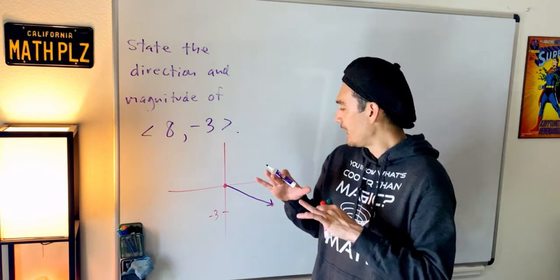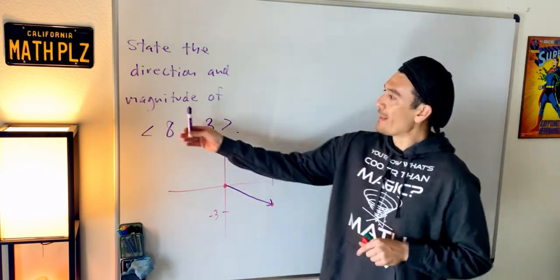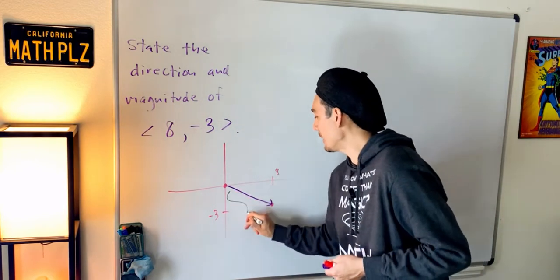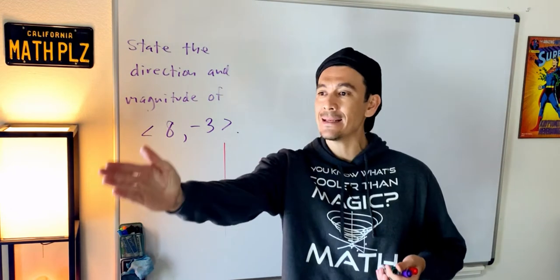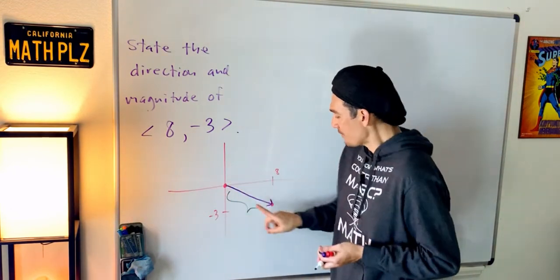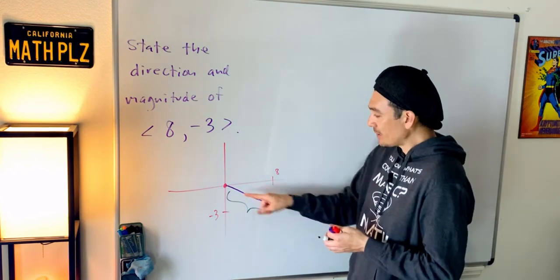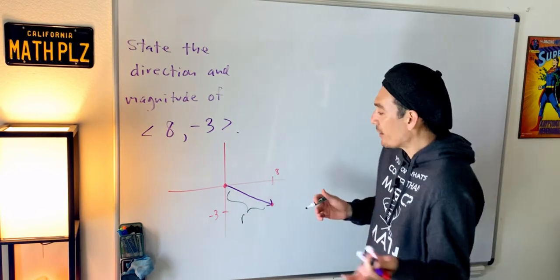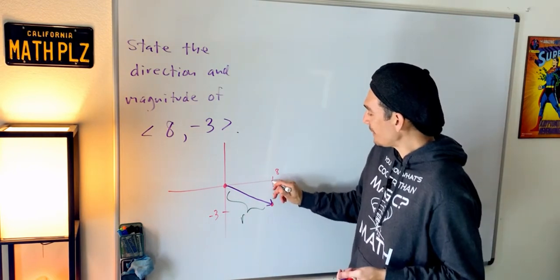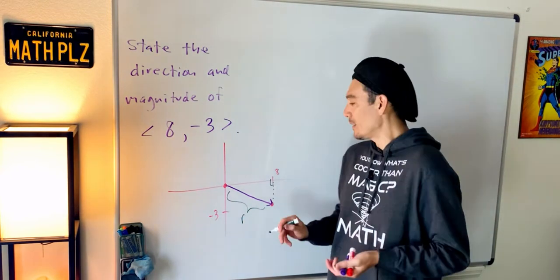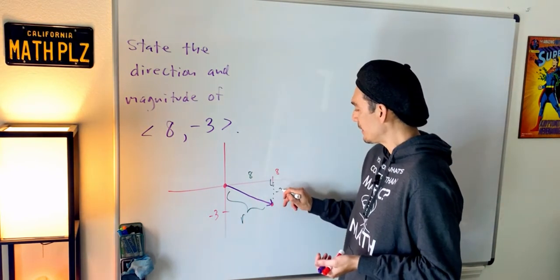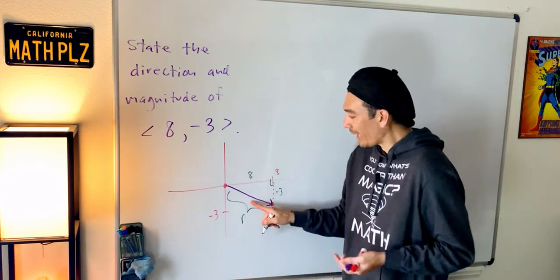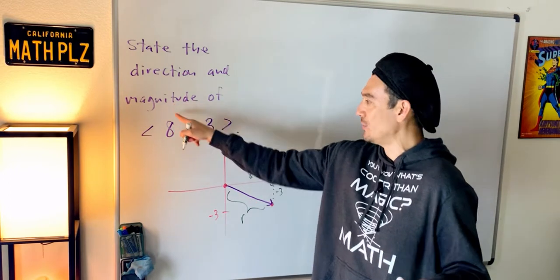8 right, 3 down. Now, let's get the magnitude out of the way. That's usually the easier part. For the magnitude, you have to tell me the actual straight line distance between where you began and where you got off the ride. In order to find this magnitude, I suppose we can just call this R. Just pick a letter, really, doesn't matter. To find this guy, notice that we can simply go to the Pythagorean Theorem, because in this triangle, this is 8. Call that -3 if you want to. The hypotenuse plays the role of the magnitude of this vector.